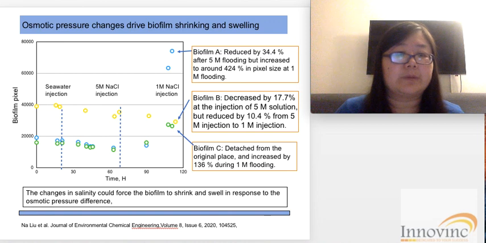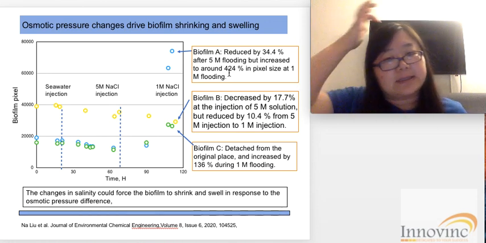So here we plot the biofilm pixel area, which is analyzed, of the biofilms during the injections. For biofilm A, we can see it reduced by 34% after the 5M flooding, but increased around 4 times at lower salinity flooding.